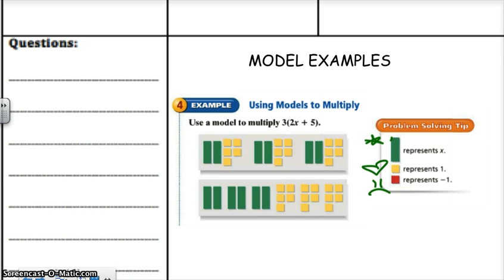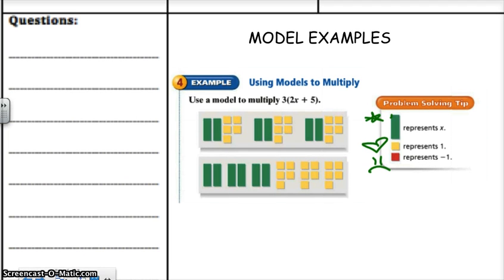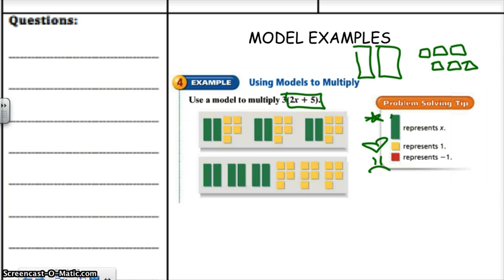Okay? So when it says use a model to multiply 3 times 2x plus 5, that just means we have this 2x plus 5 3 times. So I have 2 x's and 5 positives 3 times. Whoops, I put 6 positives. And that represents the 3 times 2x plus 5. Here's 1 time, 2 times, 3 times.